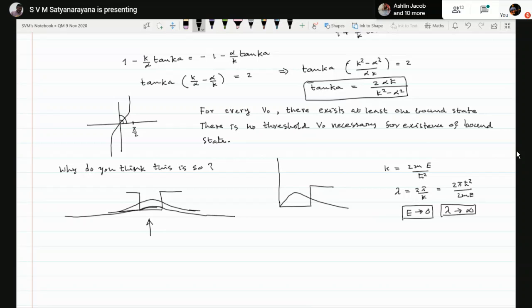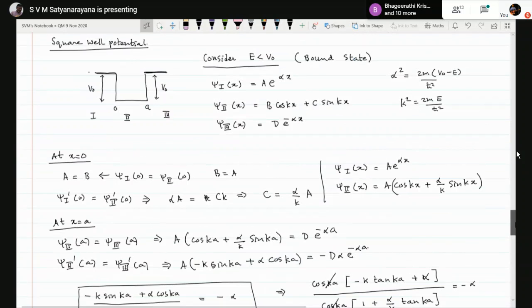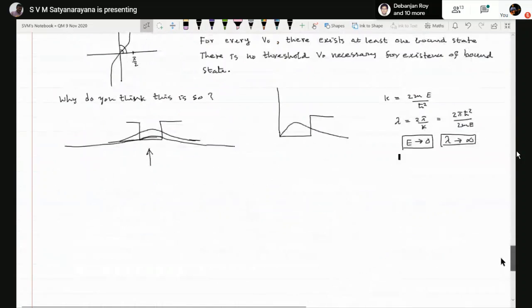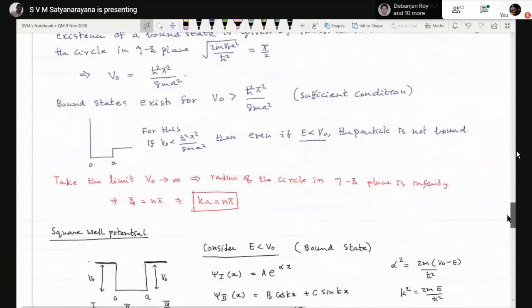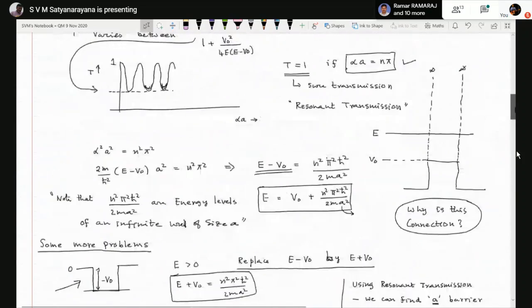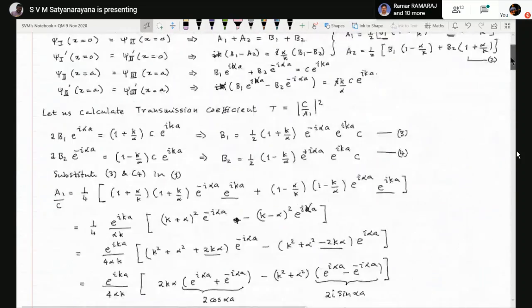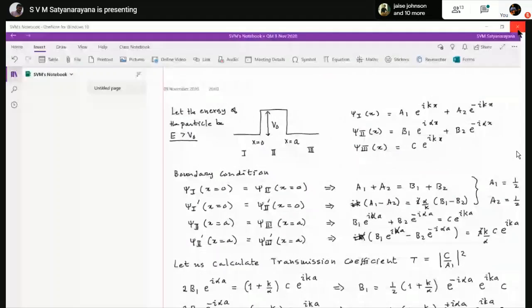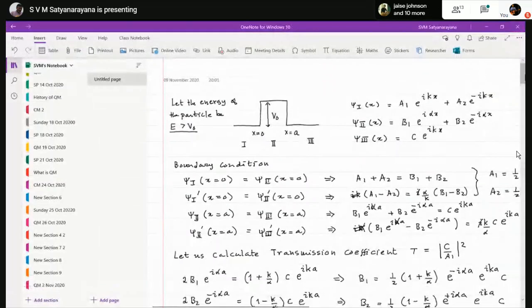So that is the physics of this problem. I think we have looked at some set of problems today, which are again free particle and potential well problems, but they are definitely the basic problems.